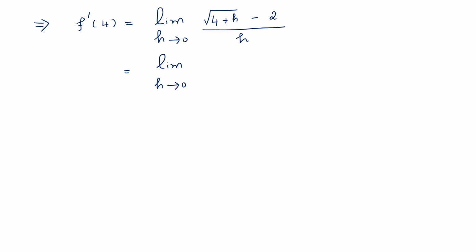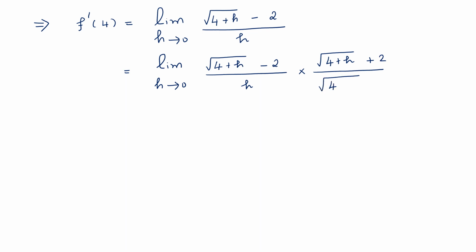Where square root is available. So I have tried here square root of 4 plus h minus 2 divided by h, multiplied by square root of 4 plus h plus 2, and the same thing we can divide: square root of 4 plus h plus 2, equal to limit h tends to 0.